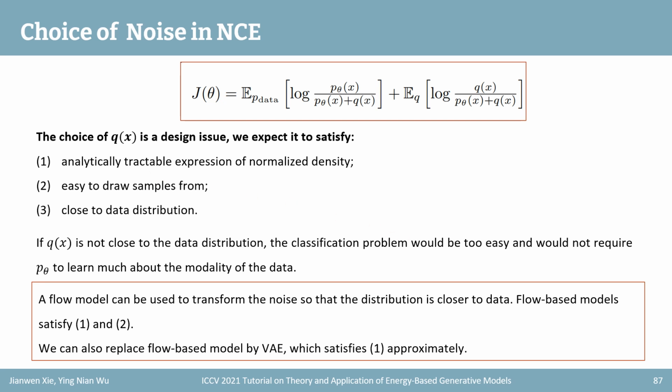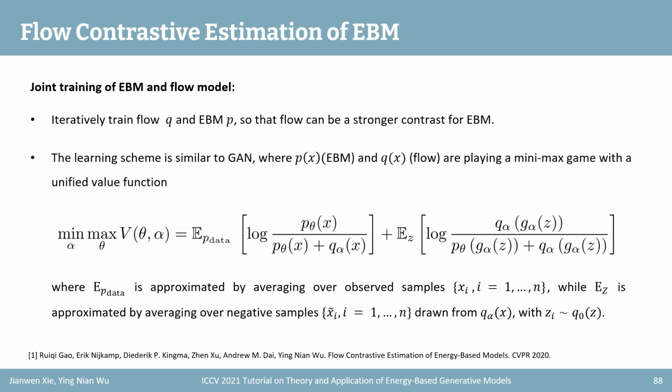But here, let's focus on this flow contrastive estimation, where we use Q as our noise distribution, and we continue to use the log likelihood of the logistic regression as our value function, and then we learn theta, which is the parameter of the energy-based model, and alpha, which is the parameter of the flow-based model, jointly.